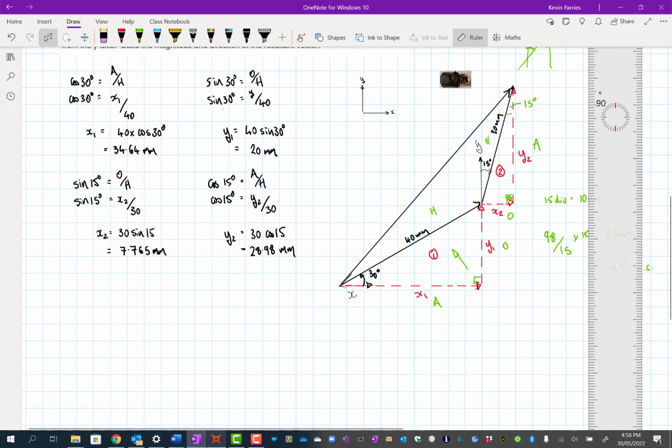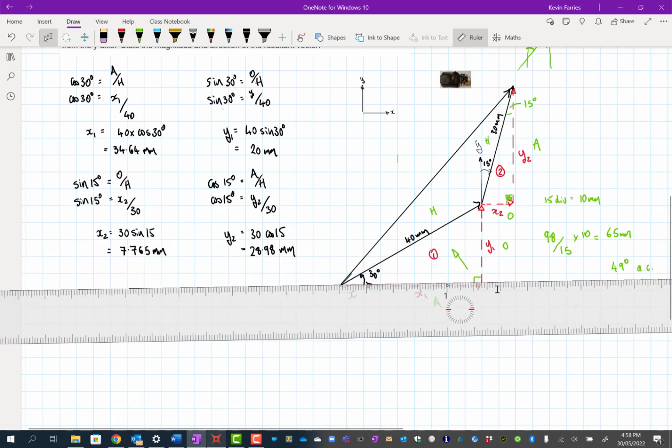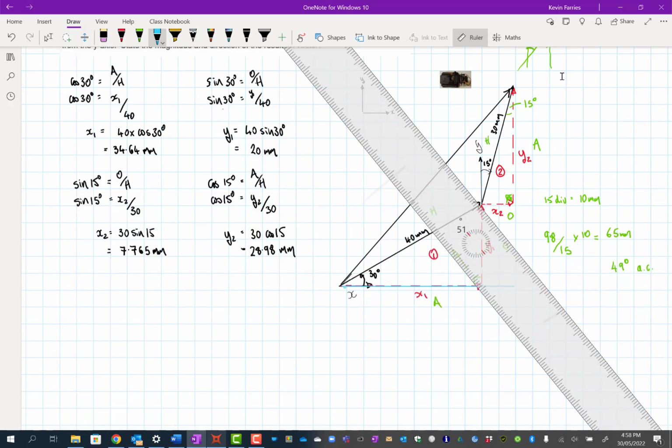Now, the next step is we add together the x components. We said we want to find the x and y component of the resultant vector. So that's this vector here. Your x component was along here. The diagram's getting a bit messy, sorry.